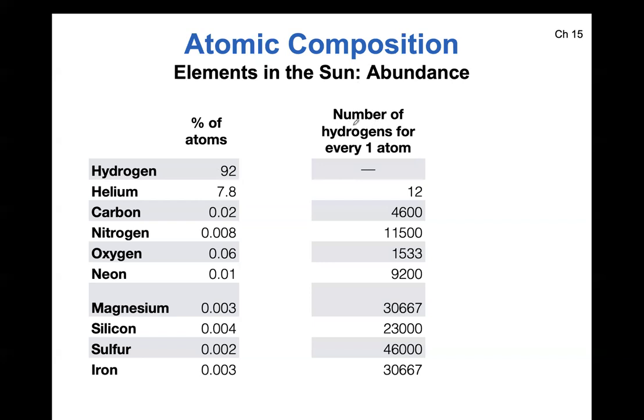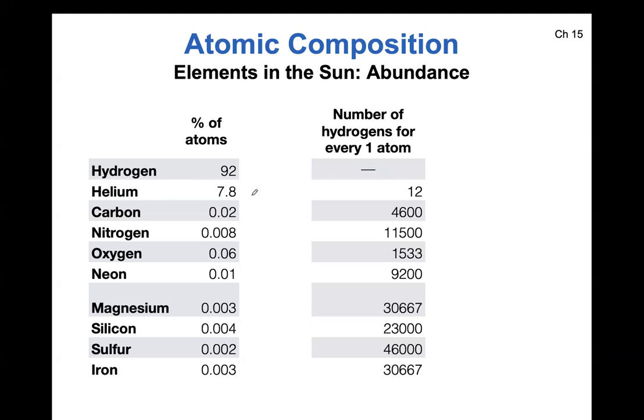In that case, for every one hydrogen atom, how many hydrogen atoms do you have for one of all the other atoms? This is an unusual way of doing ratios because it's always comparing to hydrogen.